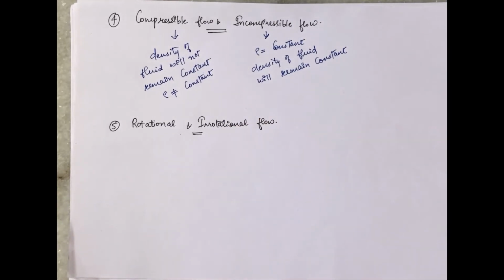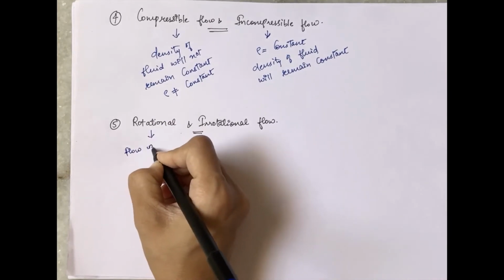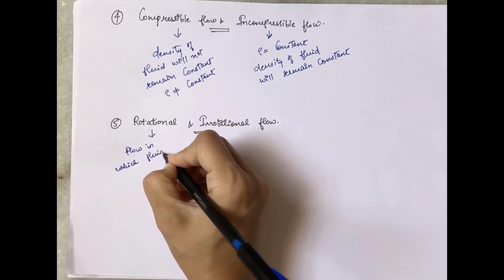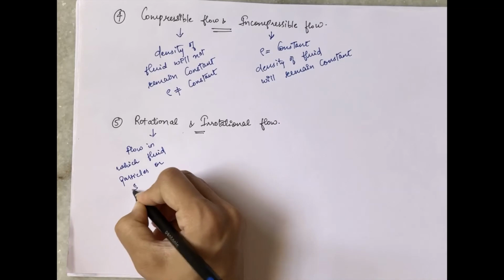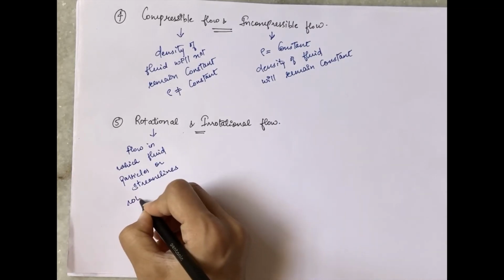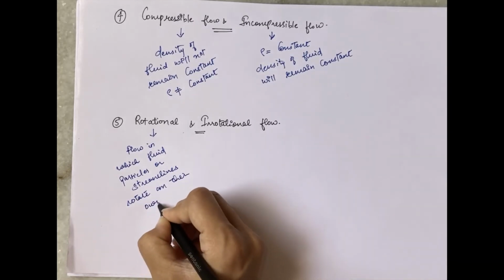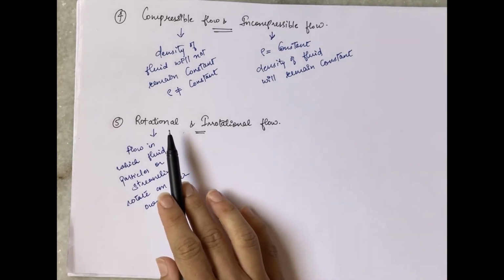So the flow in which fluid particles or streamlines rotate on their own axis, okay, then it is known as rotational flow.